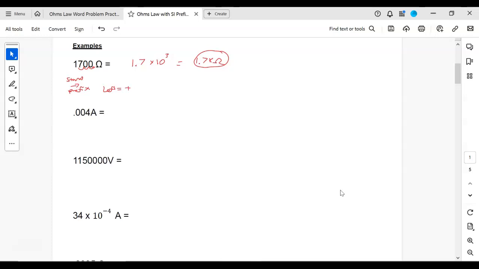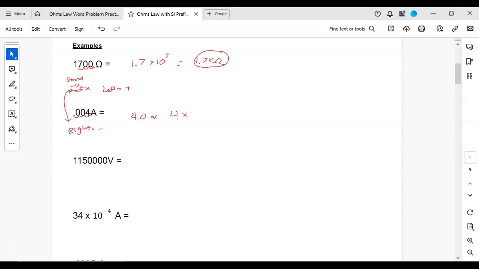Okay, well, in this next example, we're not going to be going to the left. We're going to be moving this decimal place 1, 2, 3 to the right. So again, if it's standard to prefix, this time if we're going right, it's going to be negative. So in this case here, we moved it 1, 2, 3 to the right to get 4.0, or just 4.